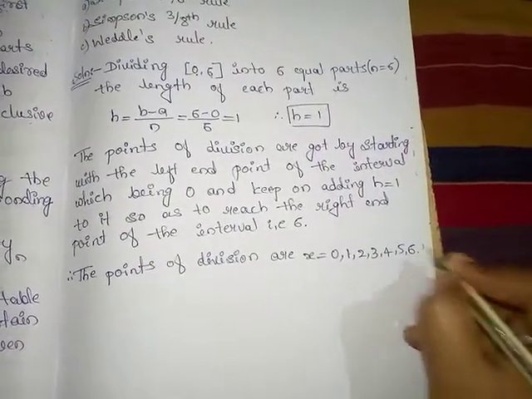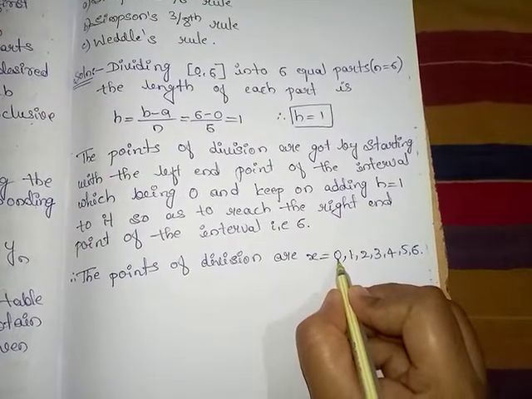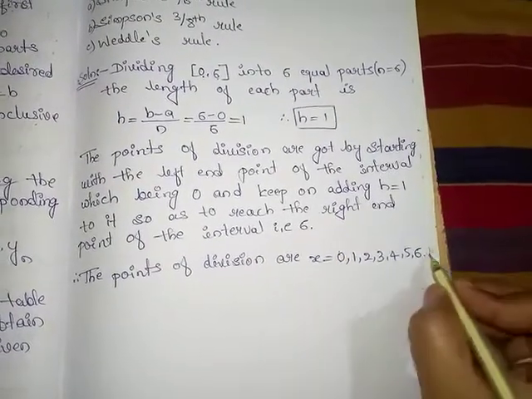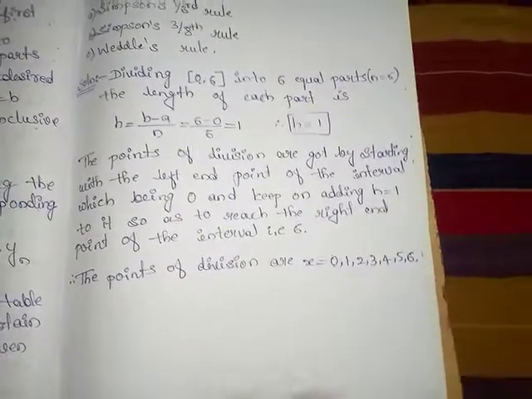We have to end here because our first value of x starts with the value of a and ends with the value of b, that is interval 0, 6.